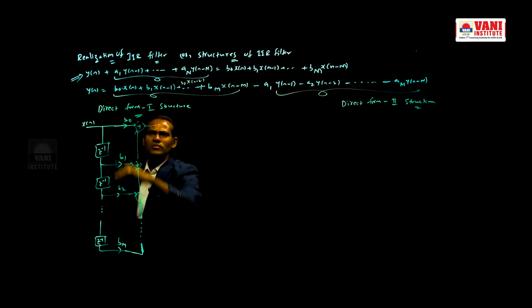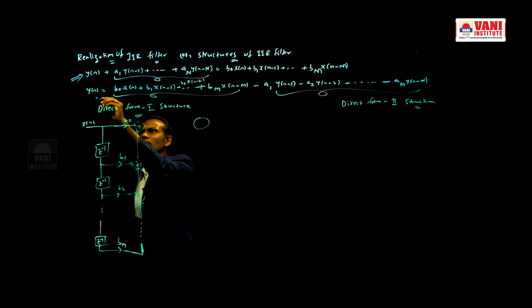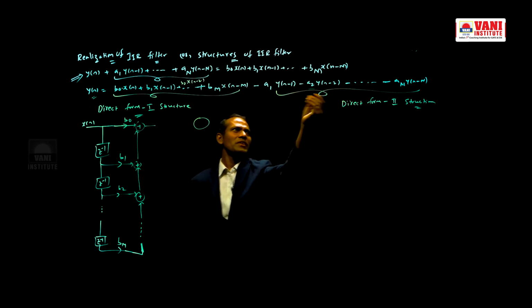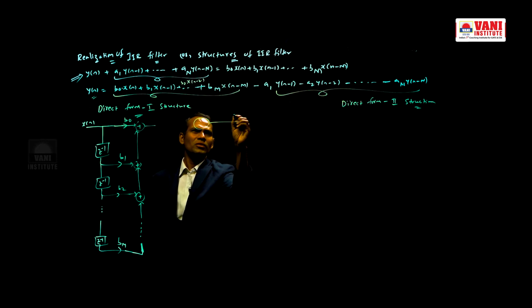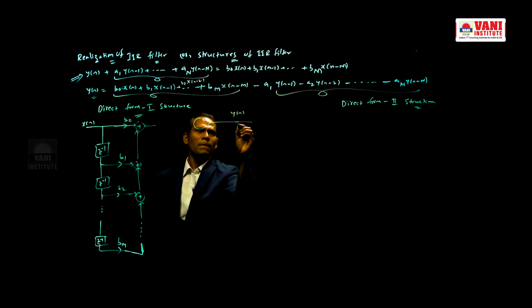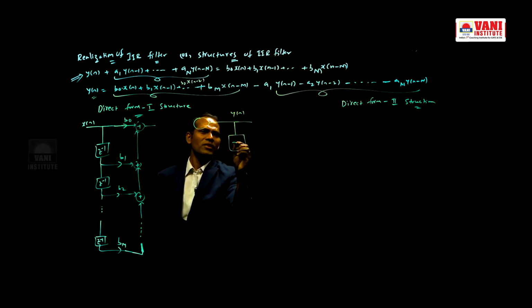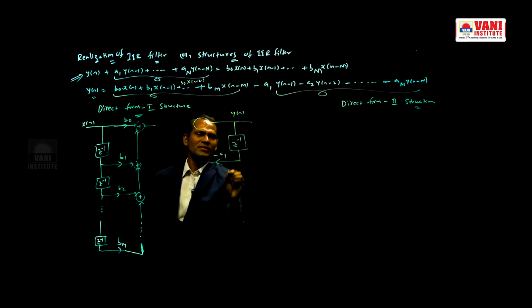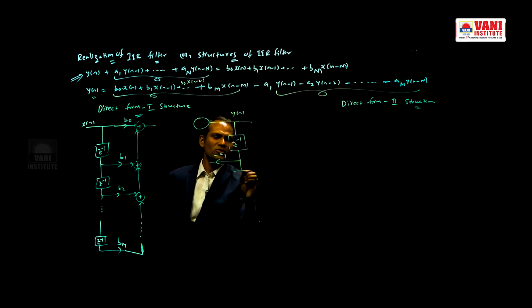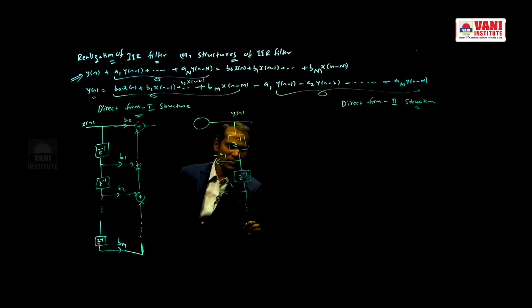That is about the input side. The output also depends on previous output. So this is output y of n. Here I need y of n minus 1. So generate y of n minus 1, pass it through a delay element. It is multiplied with minus a1, and I need y of n minus 2. So use one more delay element, multiply with minus a2 and so on.